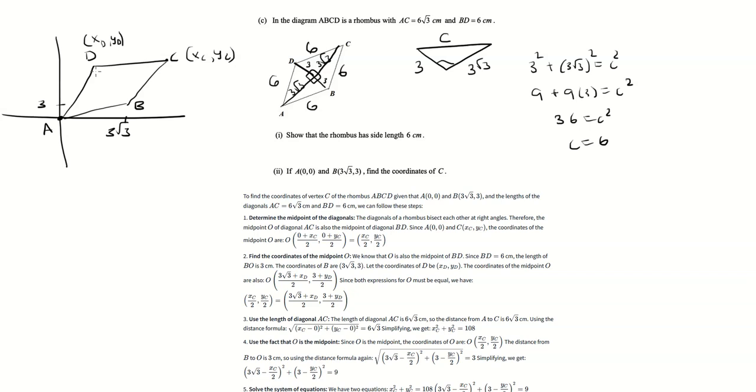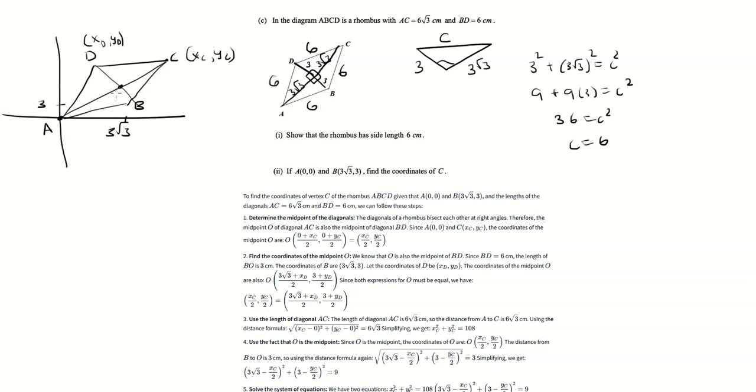Now the diagonals are going to intersect at the midpoint. This intersection is the midpoint of AC and the midpoint of BD. The midpoint of AC is the average of the coordinates of A and C, which is xc over 2 comma yc over 2.